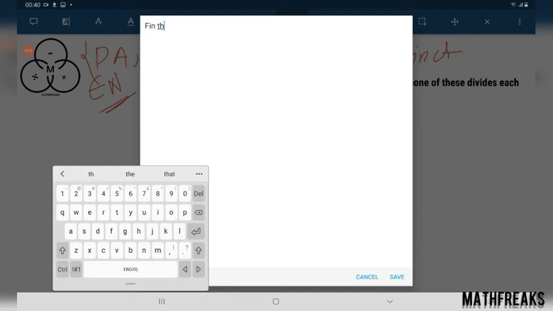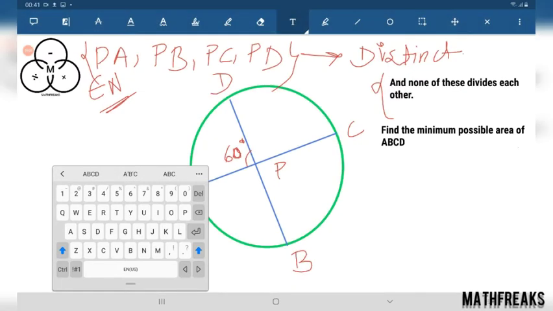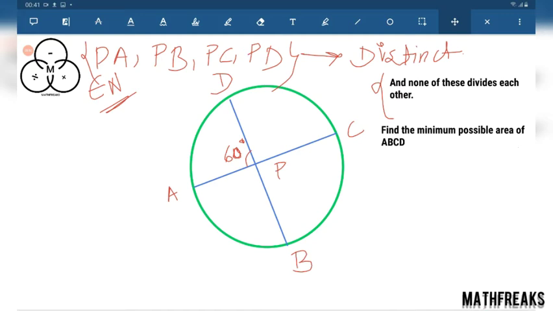Find the minimum possible area of ABCD. How do you need to approach this kind of question?